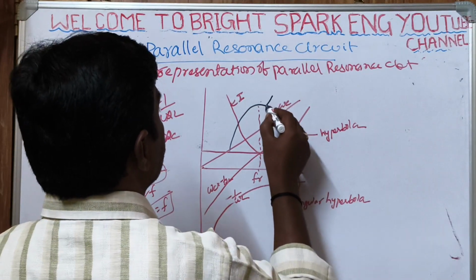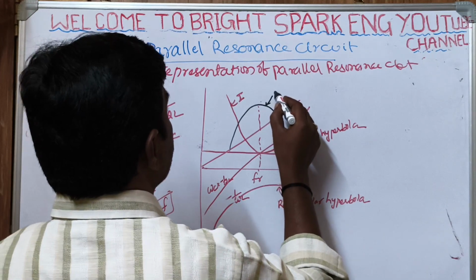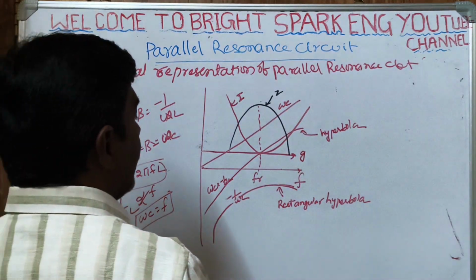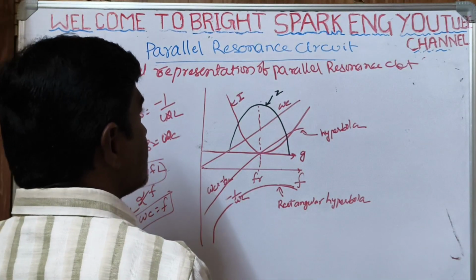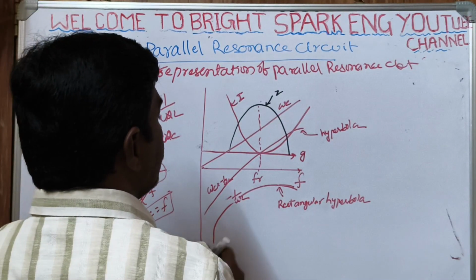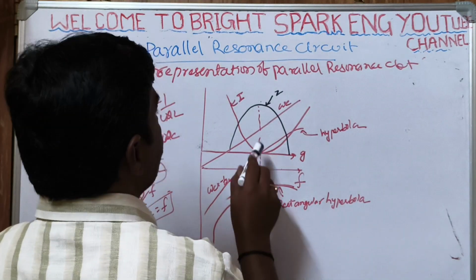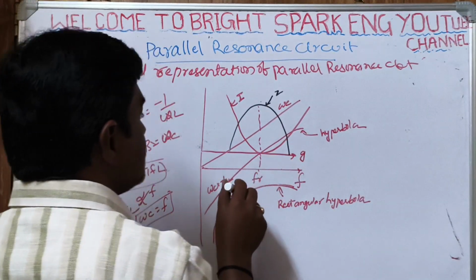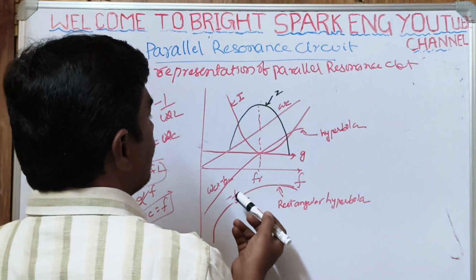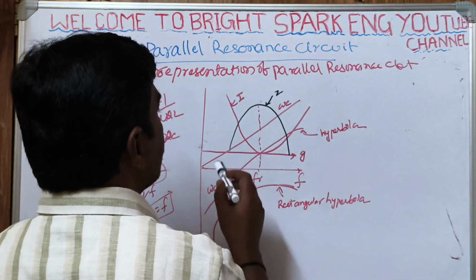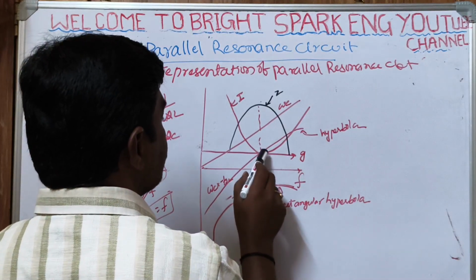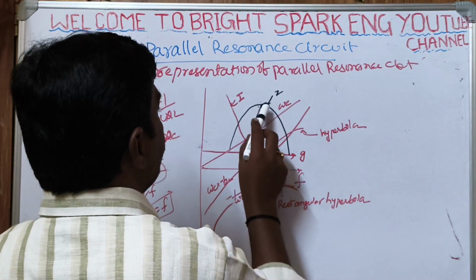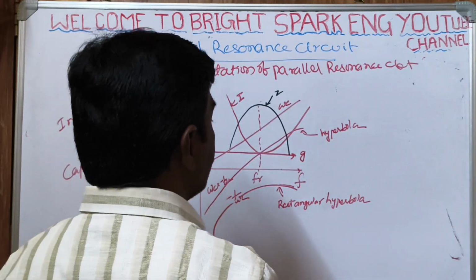This is the Z curve. This means in series resonance condition, at resonance frequency, current is maximum, impedance is very low. Here is the reciprocal of the current. Here, at resonance frequency condition, current is very low, impedance is maximum.